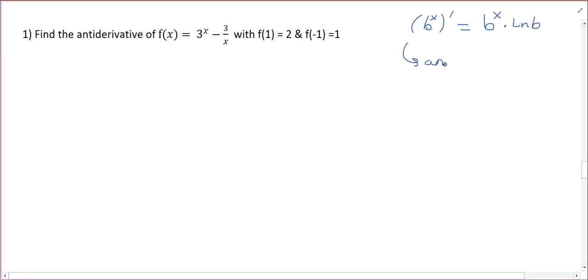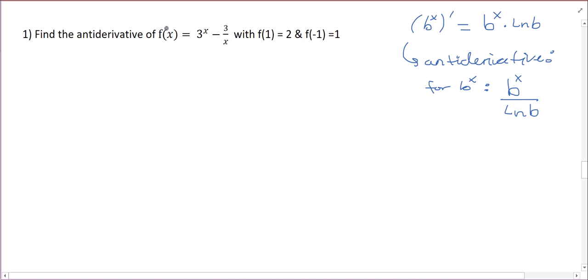When you're doing the antiderivative, you do the opposite. So the antiderivative of b to the x, you're going to get the exponential back, b to the x, but instead of multiplying by the natural log of b, you're going to divide by the natural log of the base. So going back over here, this is our f of x equals 3 to the x.